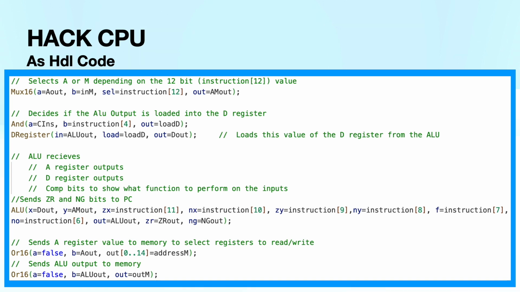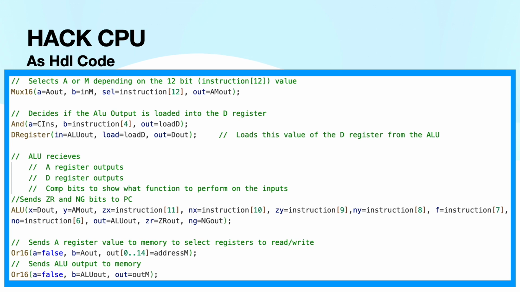Okay, so then the next bit is the code which the ALU receives. It receives an A register output, a D register output, and the comp bits to show what function to perform on the inputs. So it sends the ZR and NG bits to PC, and then it sends an A register value to memory to select registers to read/write, and then it sends the ALU output to memory.